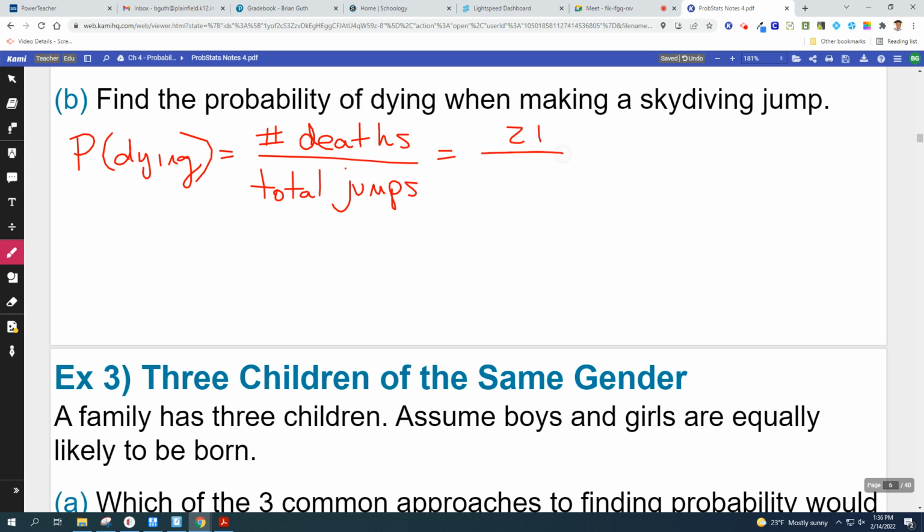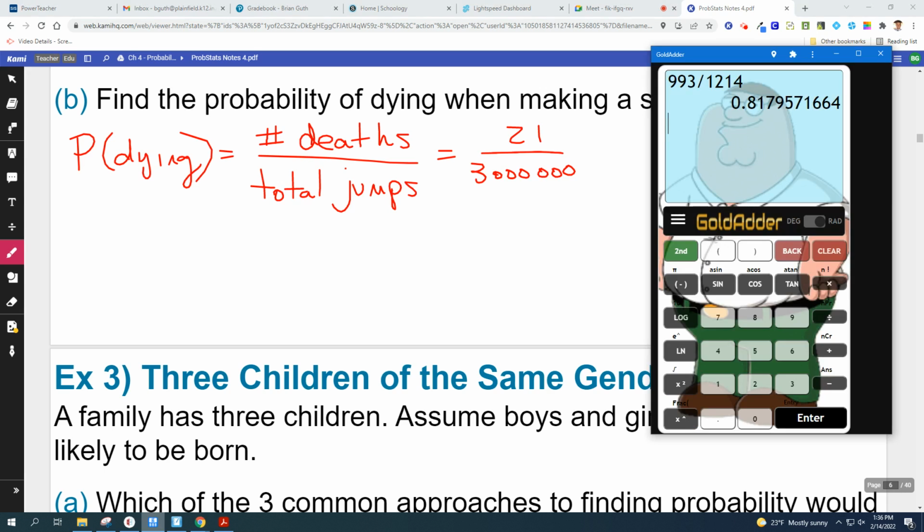It's 21 over 3 million. At which point you ask yourself the question, do I like the fraction, or would this be better as a decimal? And to me, anytime your fraction looks kind of ugly like that, I'm looking at the decimal. 21 over 3 million is 0.000007. I like the decimal better.